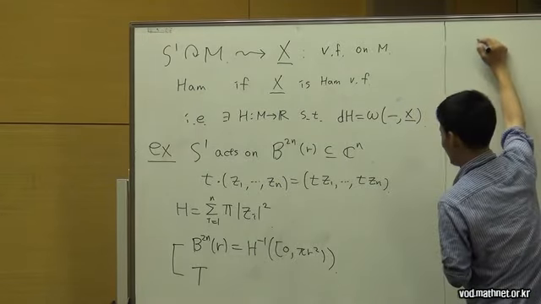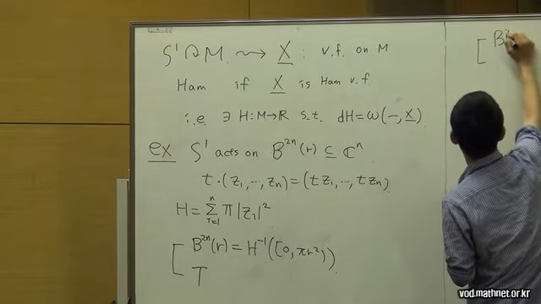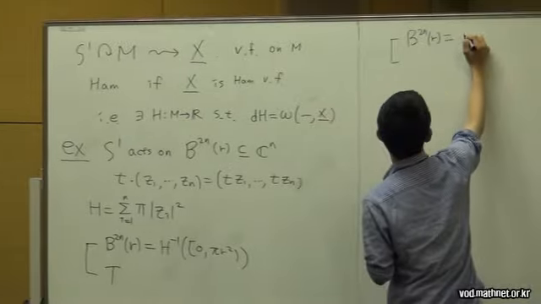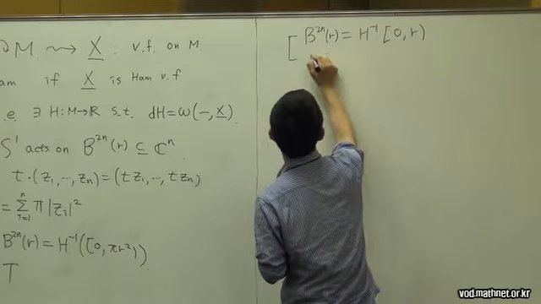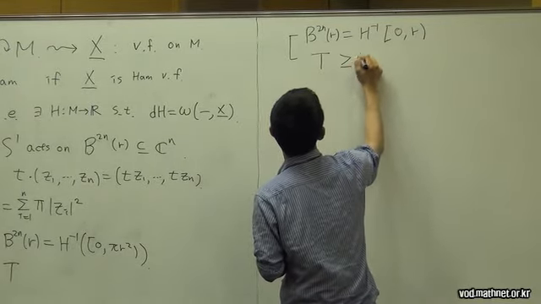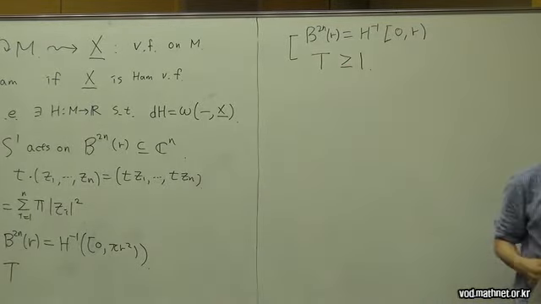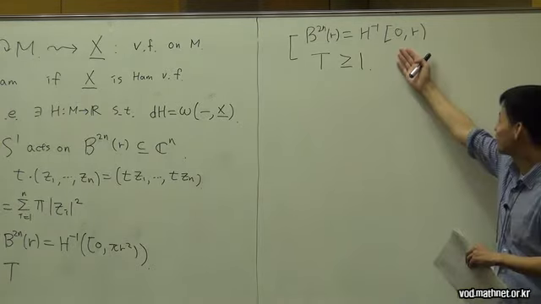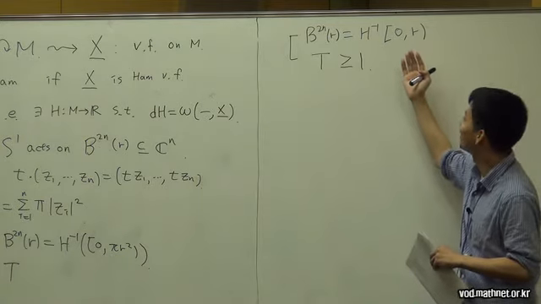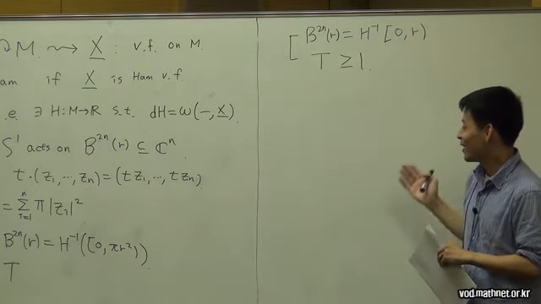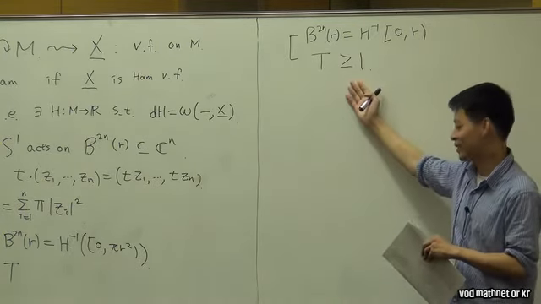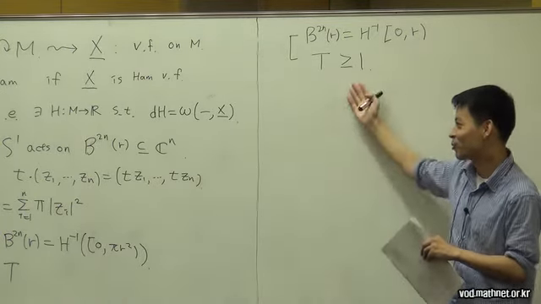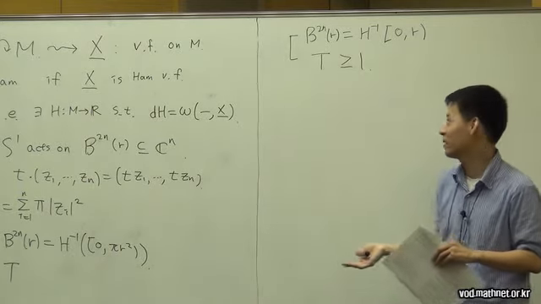Yeah, so the first one says that the moment map is related to the embedding of balls, and the second one says that it is also related to the Hofer-Zehnder capacity.